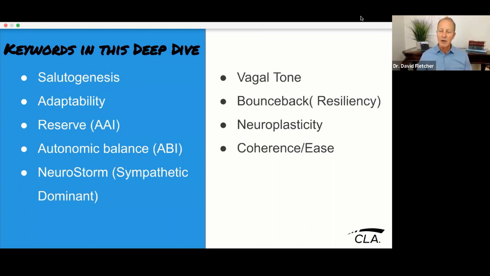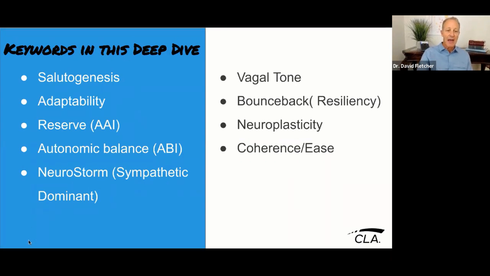And finally, we're going to focus on what is so chiropractic, which is this concept of coherence, or what we have always put in, and what Stevenson was very clear with in the 33 principles, the notion of ease. So we've got an exciting time with you today. And just so you know, HRV talks to every one of these keywords. That's what's so exciting about having this opportunity to move this forward.